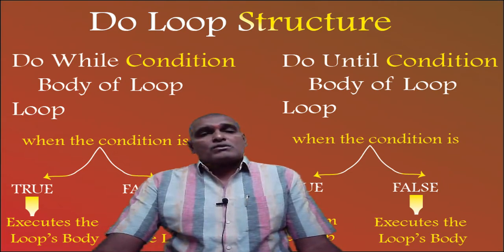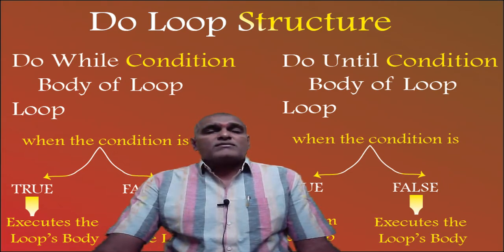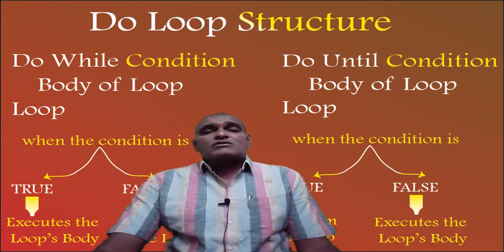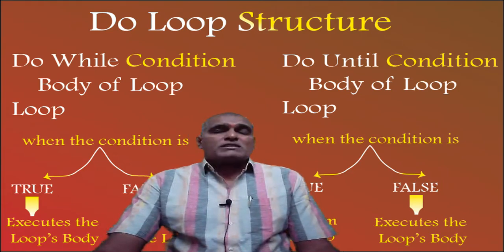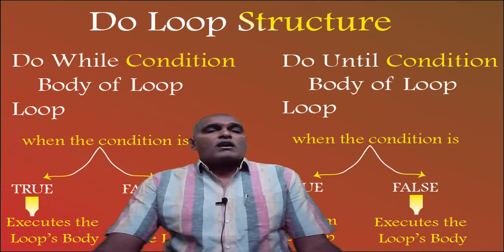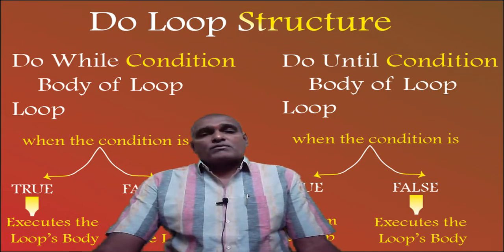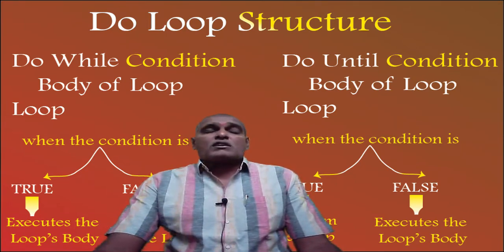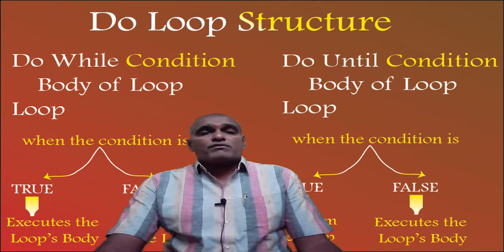After while, the user has to provide the condition. This condition should be in the form of a logical expression. After entering the loop, the user has to mention the statements. We can also term it as the body of the loop.